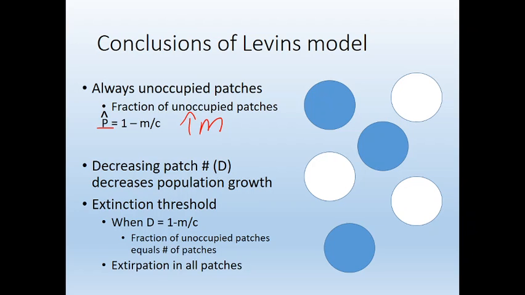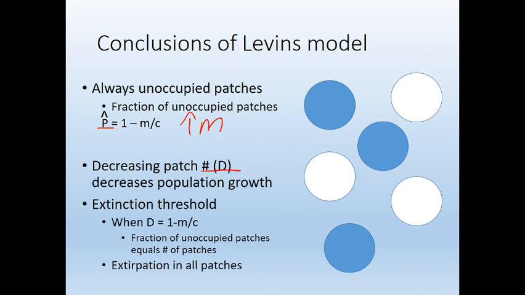Basically, the fewer patches you have, the less total area you'll have. So yes, of course, population is going to go down, but there's this extinction threshold. When this decreasing patch number, which is D here, equals 1 minus M over C, that's the fraction of unoccupied patches, essentially then you have an empty metapopulation, and you get extirpation in all of those patches.